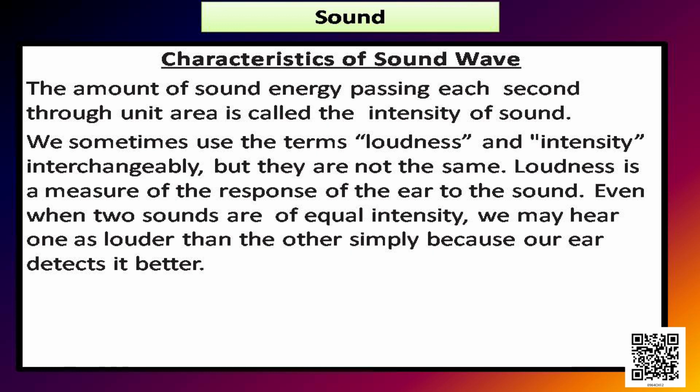Loudness is a measure of the response of the ear to the sound. Even when two sounds are of equal intensity, we may hear one as louder than the other simply because our ear detects it better.